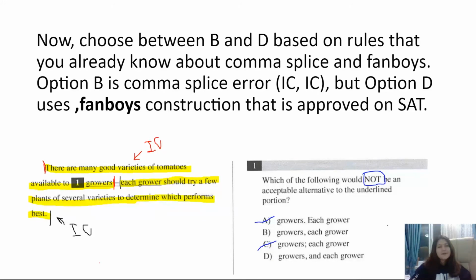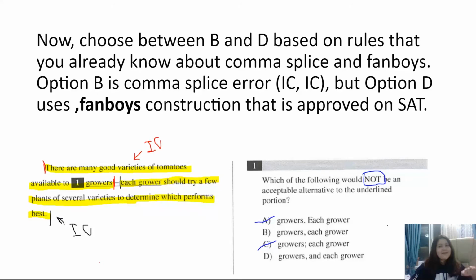In the first independent clause, I have there are many good varieties, subject verb. In the second independent clause, I have each grower should try, independent clause. So if I have two independent clauses, I can connect them using comma fanboys or semicolon.